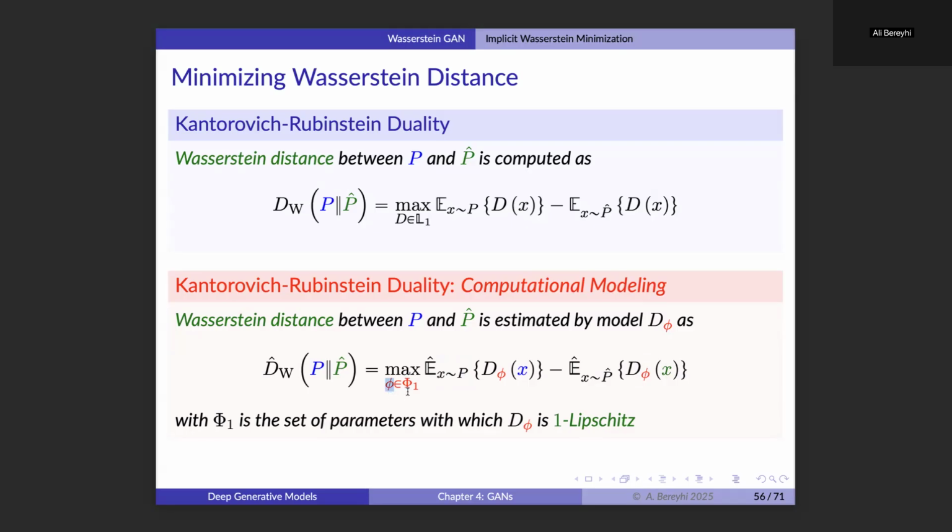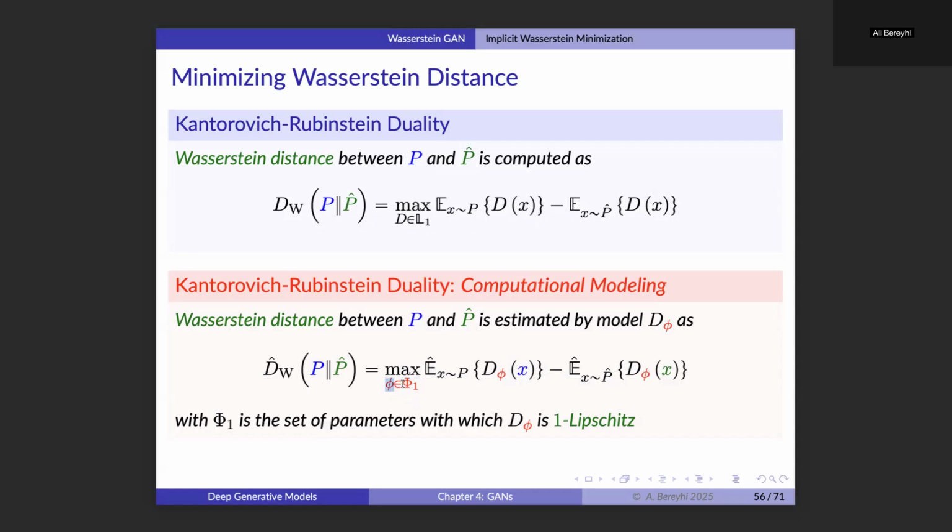The only difference here is that I should focus on the set where this model is going to be one-Lipschitz, right? So this is the only difference happening. And as I promised you, I'm going to show you how you can restrict this phi to be within this set.